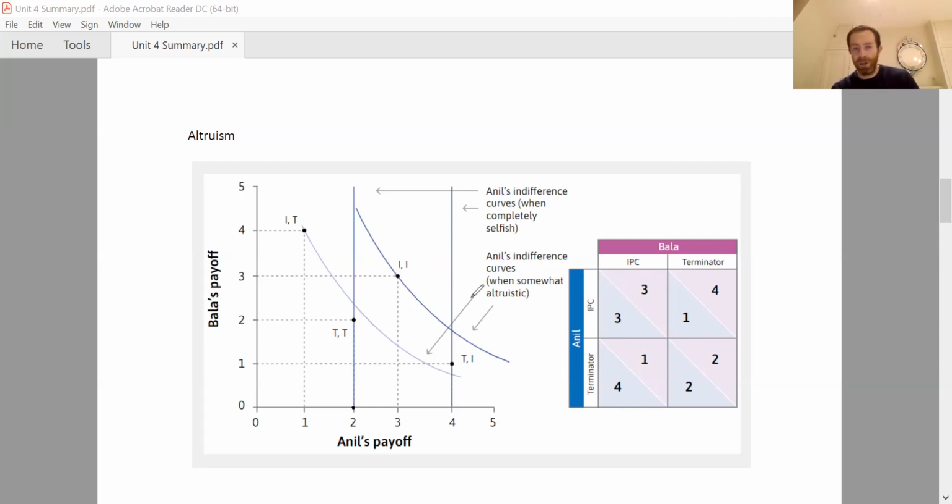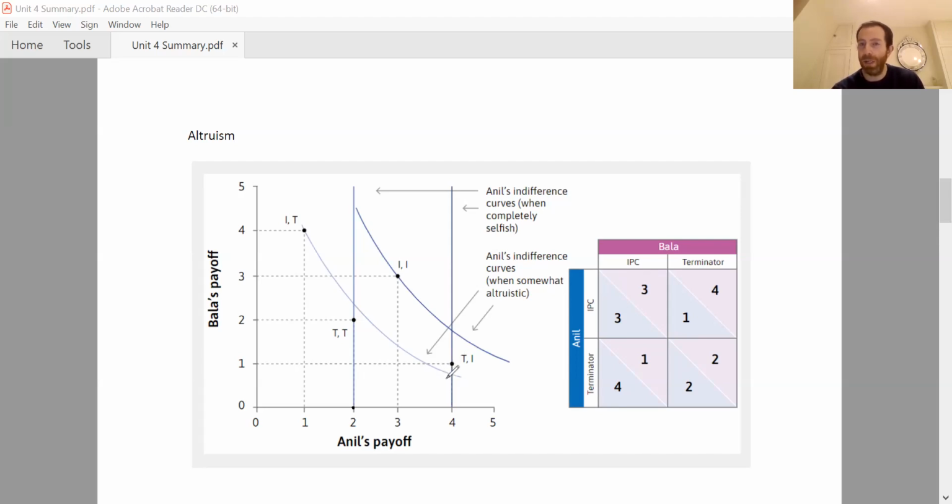And if we look at the whole example now, what we see is if Anil is completely selfish, then the outcome that Anil would want is this one here, right? Where Anil plays T, and Bala plays I, and this would make Anil the happiest he could possibly be, right? The best possible outcome for him if he's completely selfish.